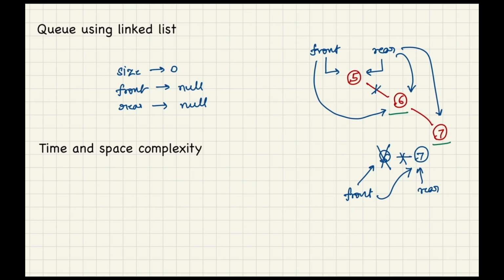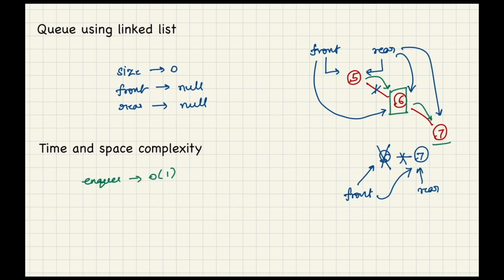So we create this node and we just point it from here to here. Similarly, when we add this new node 7, we just added one pointer on this new node. So the time complexity for the enqueue operation is O(1). It's a constant time complexity. We are not doing any operations which are going to take a lot of time.